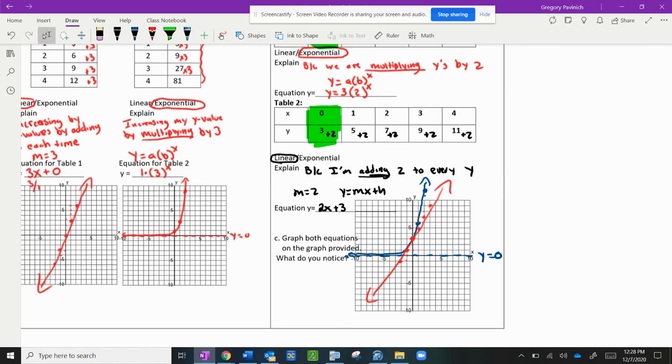Now it says, what do you notice about the graphs? I noticed 2 things. Both start at 3, or have a y-intercept at 3. Their initial value is the same, right? They're both a growth, or a positive slope, right?